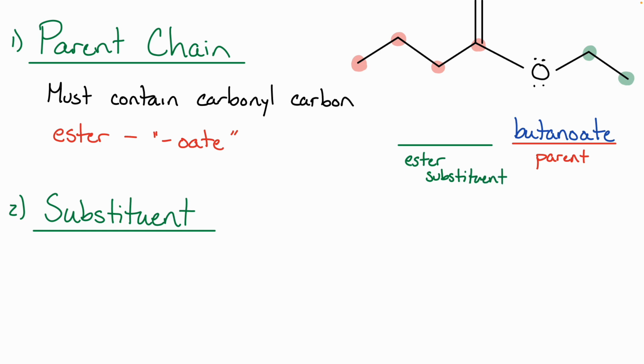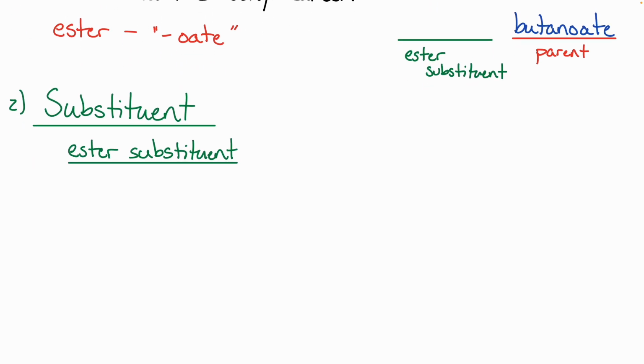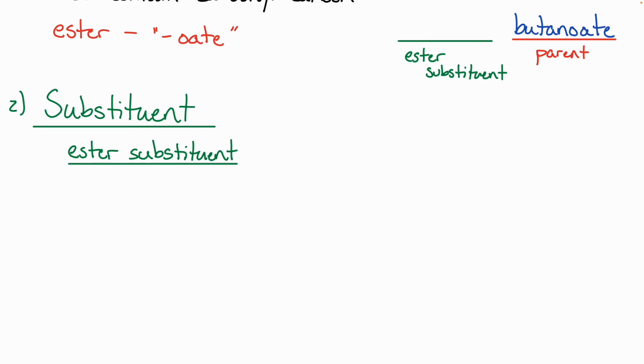And that is going to be a separate word that goes out front of that parent chain. We're just going to name it as an alkyl group.